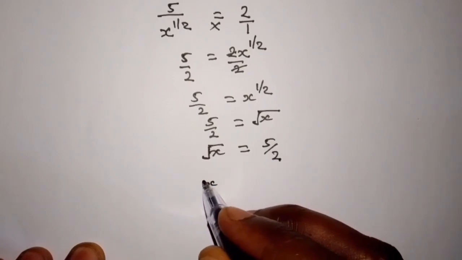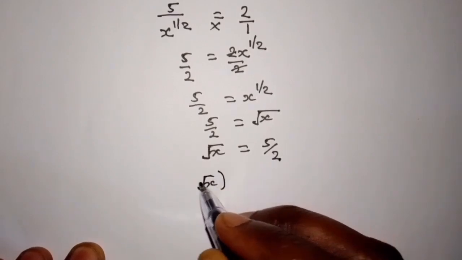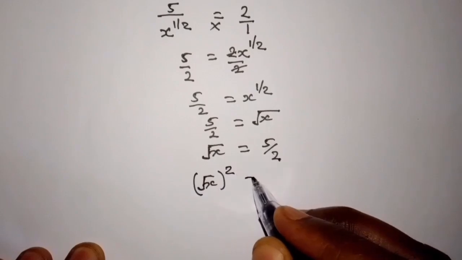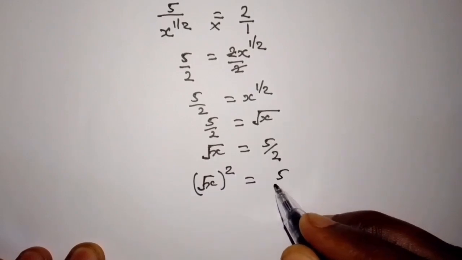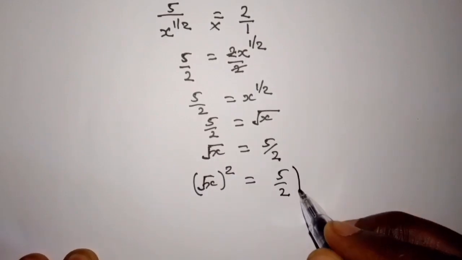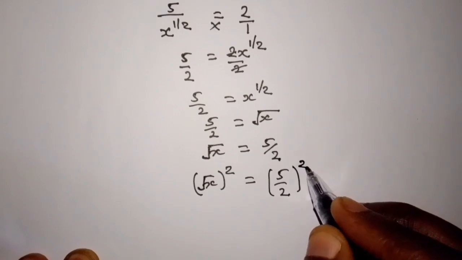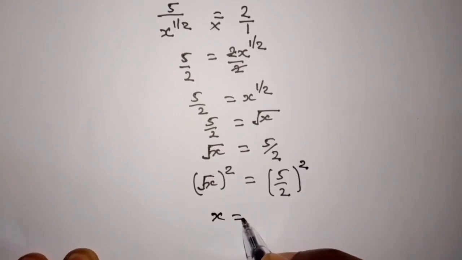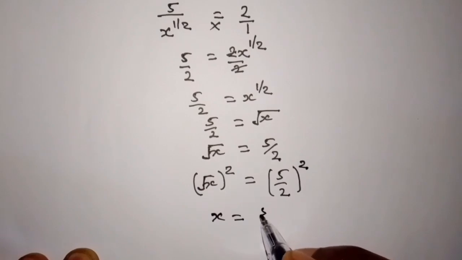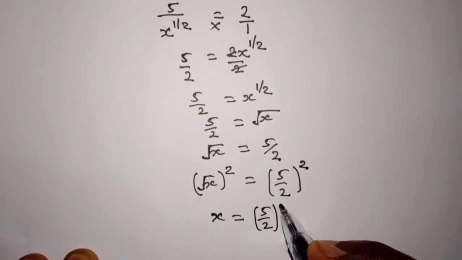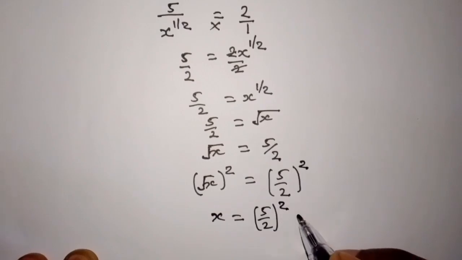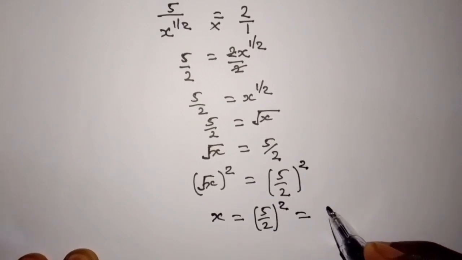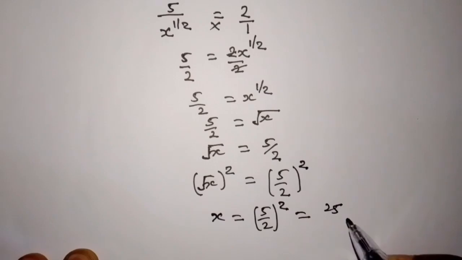Square root of x squared is equal to 5 over 2 squared. x is equal to 5 over 2 squared, which is equal to 25 over 4.